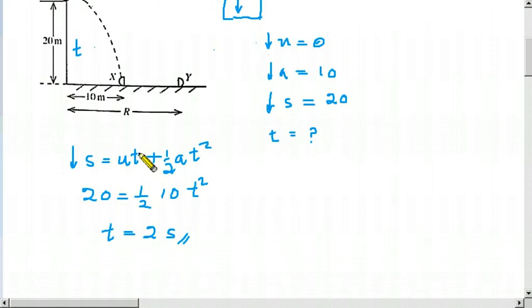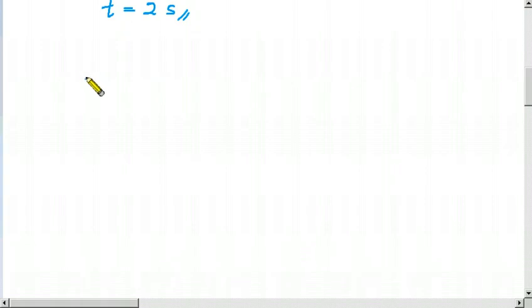Now we have to find out the initial velocity of this first piece, which is x.